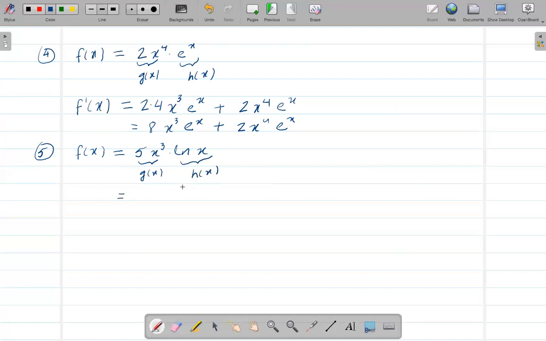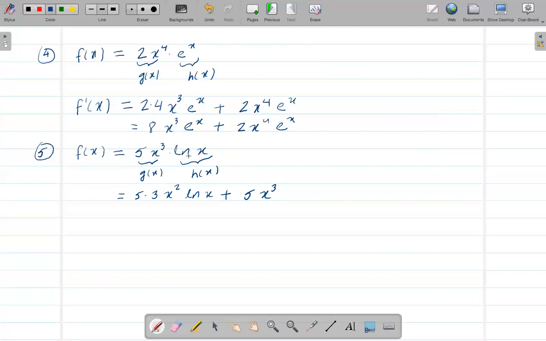Then first I can take the derivative of this g of x, which will be 5 times 3 times x to the power 3 minus 1. So 3 minus 1 will give 2. And the second term will stay the same. Plus, the first term will be the same.